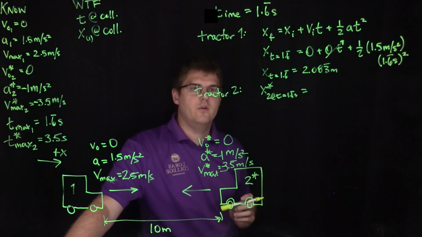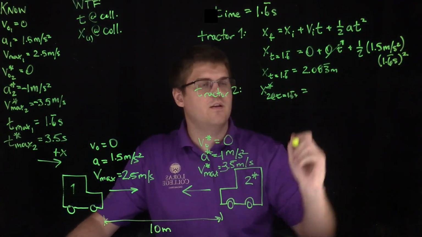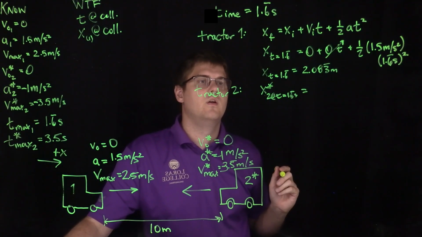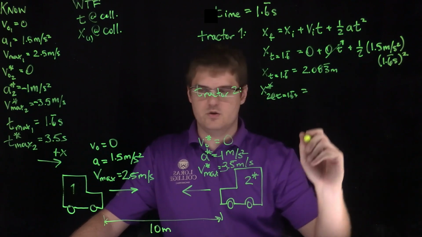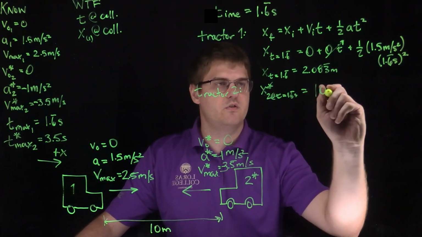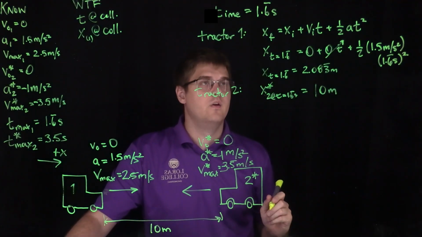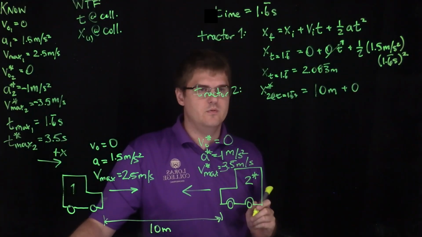This is where under all my subscripts get a little bit messy because of the size of the board. I apologize. This is going to be equal to x initial. Well, x initial for the tractor 2 is at 10 meters. My velocity initial is still 0.